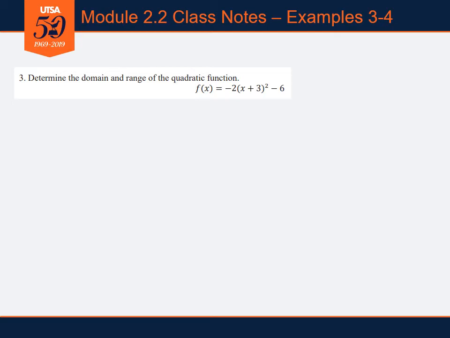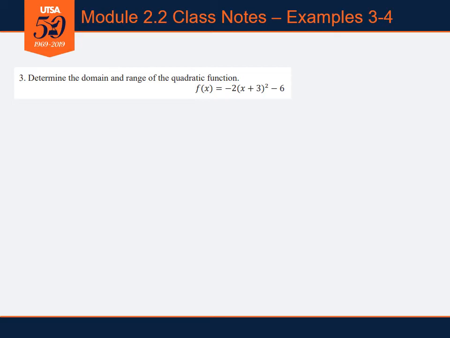So because we don't have any radicals and we don't have any fractions with x in the denominator, that means, recalling our discussion of domain from Module 1, that there are no domain restrictions. And so always and every time we look at a polynomial function, or a quadratic function in particular, the domain is all real numbers.